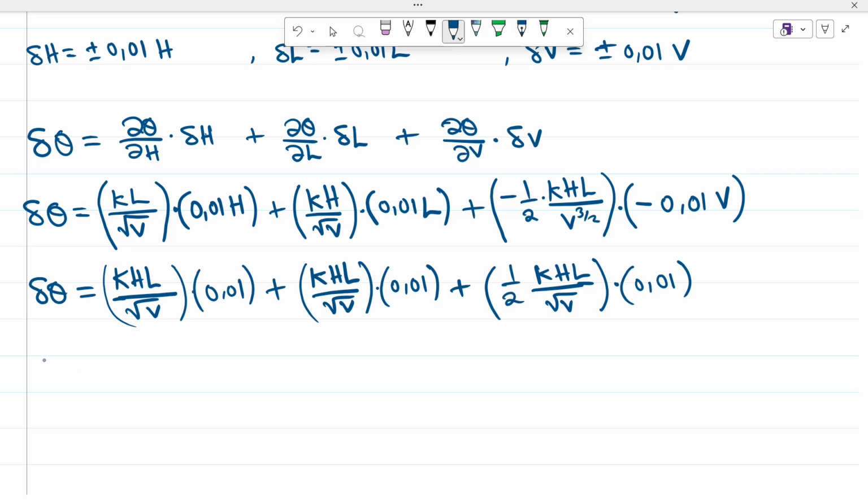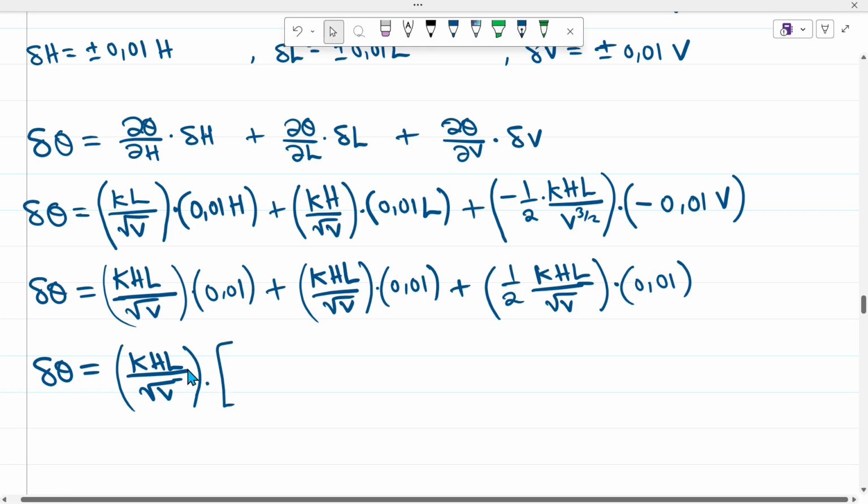So our maximum percentage change from here is going to be khl divided by root of v, just like this, and then we multiply this. So I'm taking out this as a common factor out of these three terms.